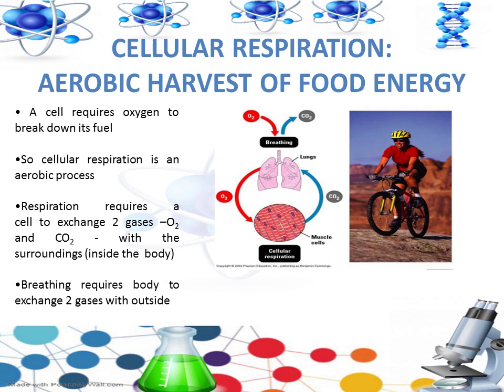Usually, cellular respiration is an aerobic process because it requires oxygen. By breathing in oxygen, there will be gas exchange in the lungs, and what will happen next is we will breathe out carbon dioxide, and this carbon dioxide will be used by the plant to undergo photosynthesis, and then the plant will again produce oxygen.